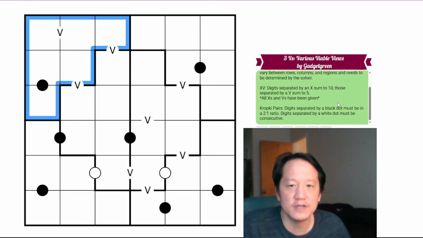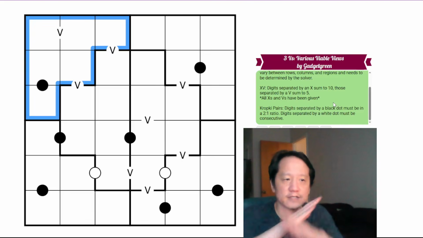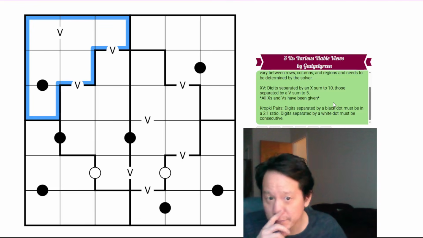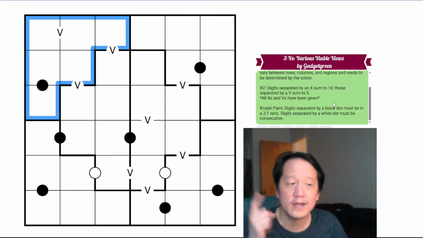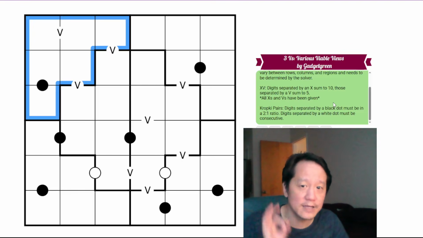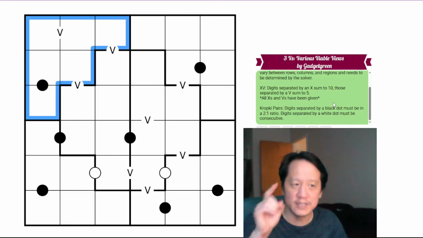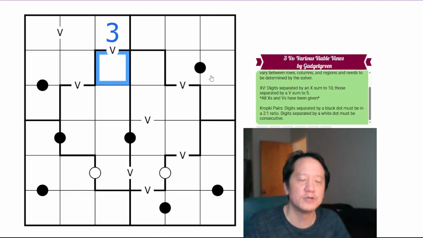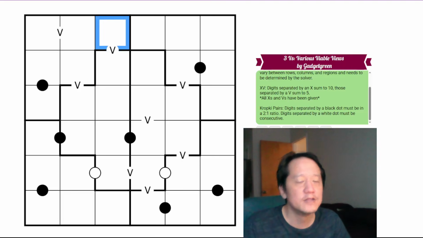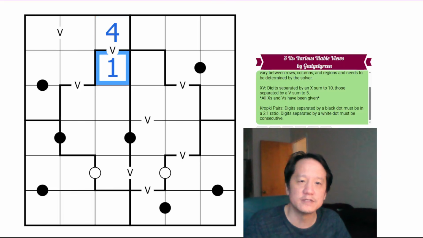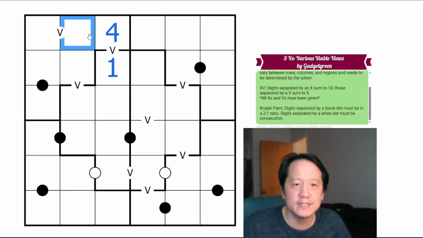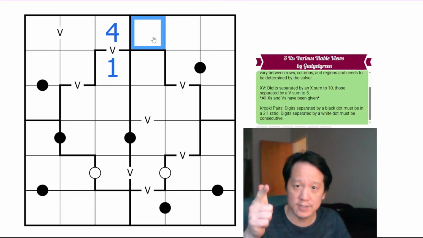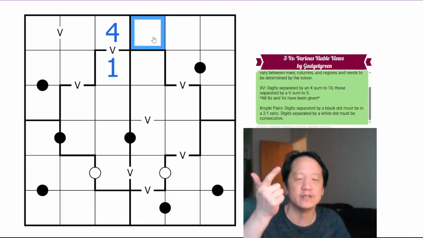We have XV, where digits separated by an X sum to 10, and those separated by a V sum to 5. And all X's and V's have been given. There is a negative constraint here, so keep that in mind, which means that if you had, say, a 4, that would mean this is a 1, but none of these digits can be 1 or 6 because all X's and V's have been given.